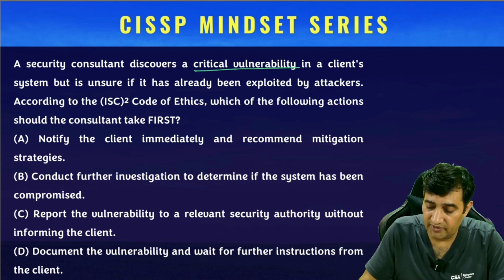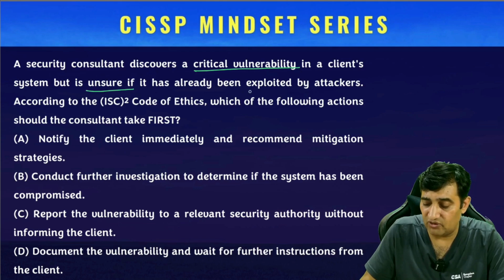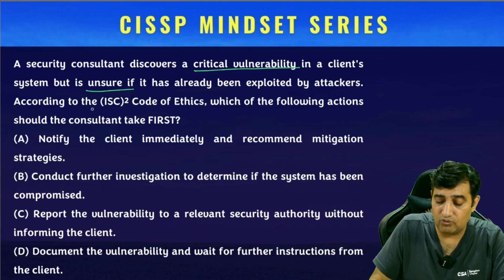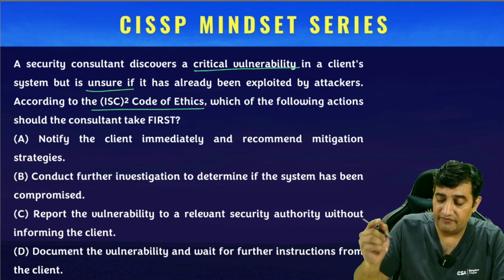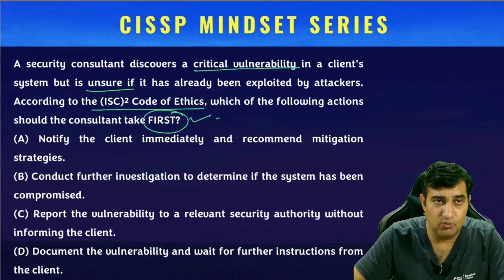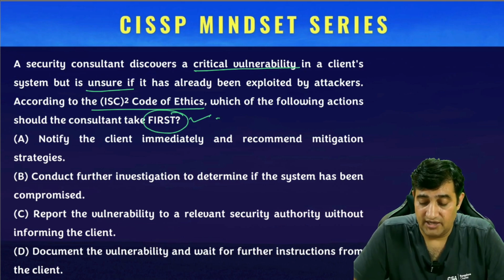So critical vulnerability is one of the keywords, and unsure if it has already been exploited by the attacker is another keyword. It says according to the ISC2 code of ethics, which of the following actions should the consultant take first? So first is the third keyword in this particular case. Now whose data is this?